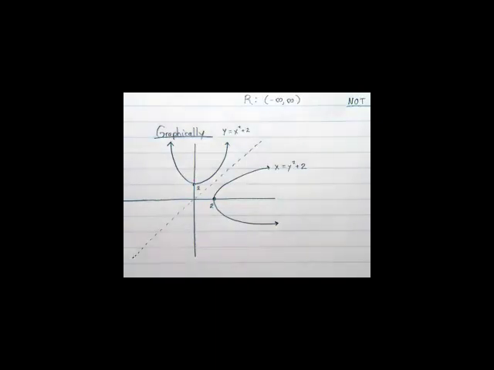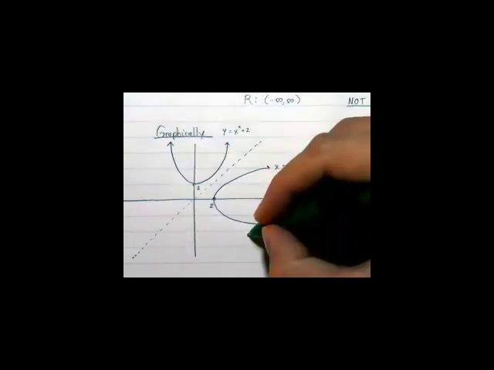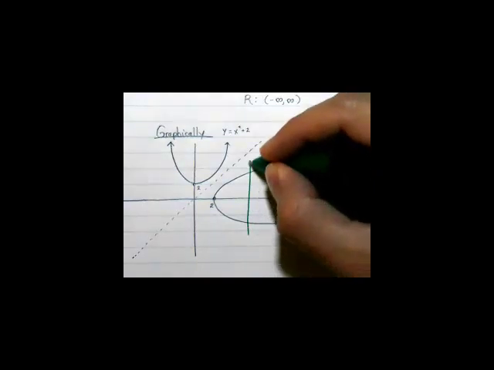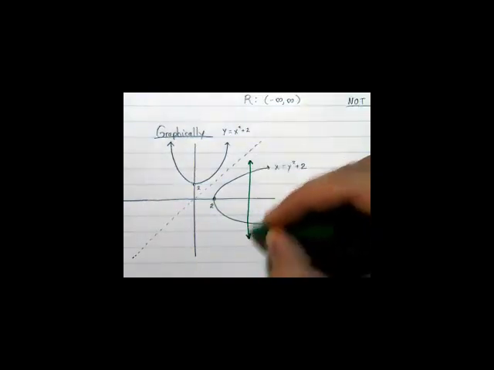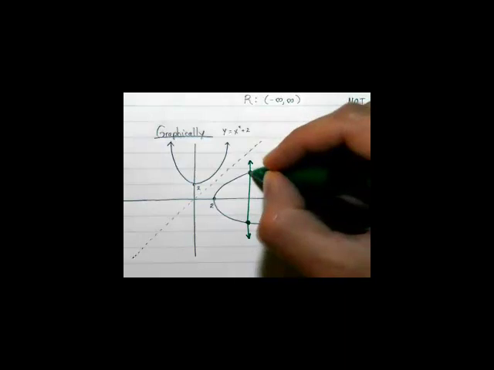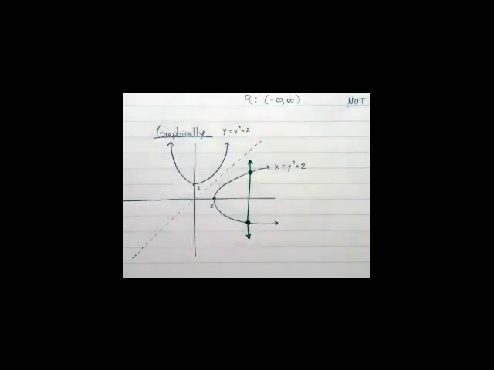Vertical line test says if I can drop a vertical line through a relation and I can find a place where it hits more than once, then it's not a function because I've got more than one output for one input. So for example, if I were to put a vertical line through it, I get 1, 2 places that it's hitting right there.